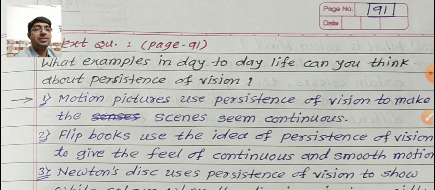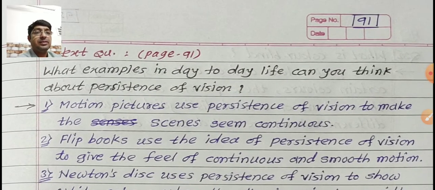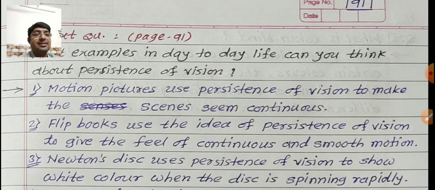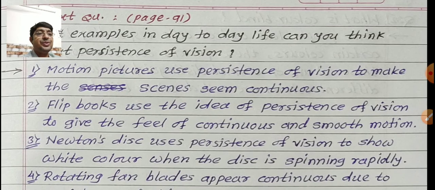A few examples where we observe persistence of vision. First, motion pictures use persistence of vision to make the scenes seem continuous. Second, flip books use the idea of persistence of vision to give the feel of a continuous and smooth motion.